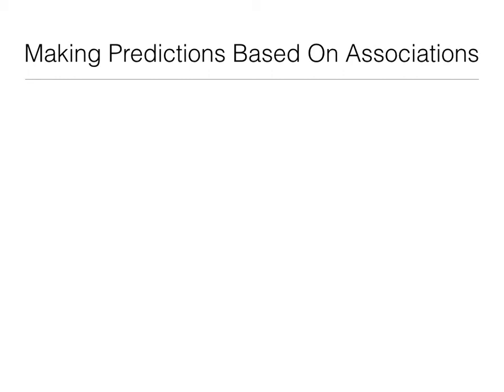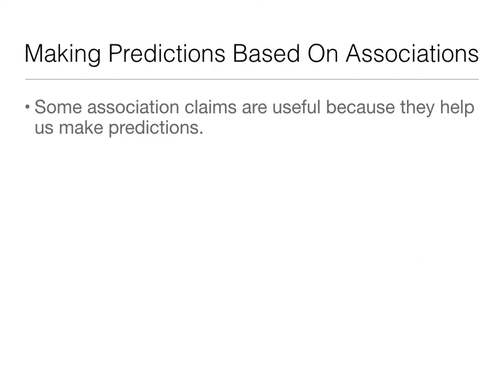Now, we make predictions based on these associations. We can take these associations and make guesses, make predictions, make a hypothesis about what we think is going to happen based on what we know about this association. So think back to a correlation, right? You get a line.